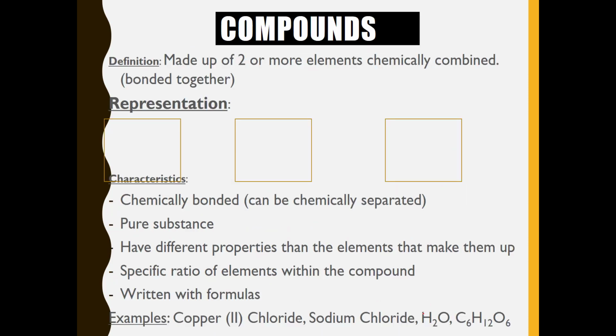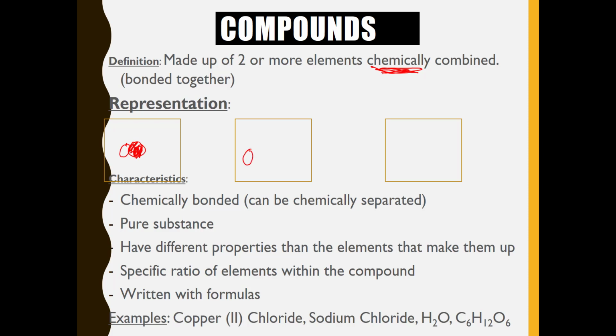The opposite of an element is a compound. A compound means that you're made up of two or more elements and you're chemically combined. This is a big part here: chemically combined, which means that you're bonded together. Later on in the school year, we're going to start talking about bonds, but these can be represented by two different elements bonded together.